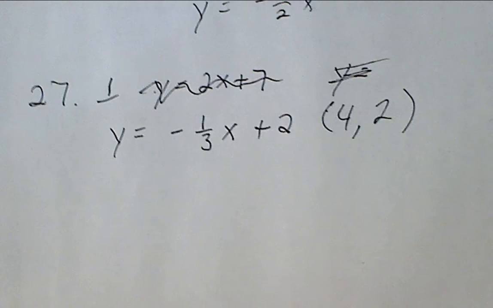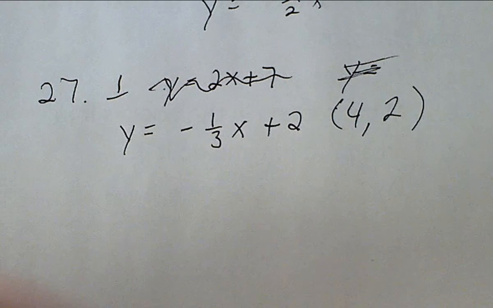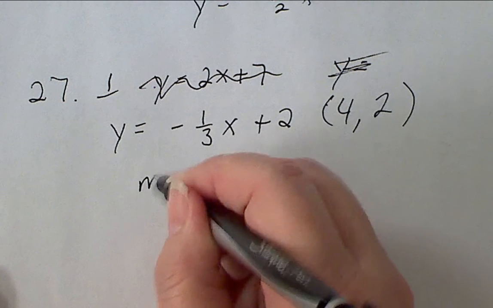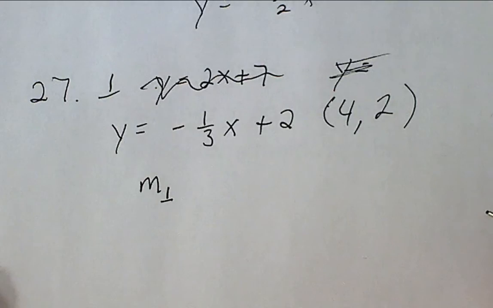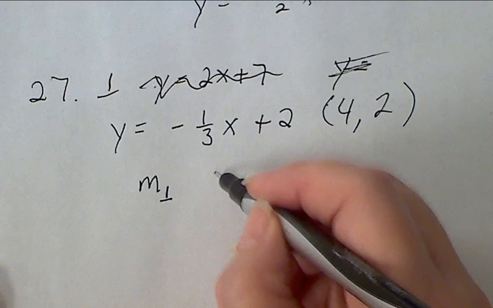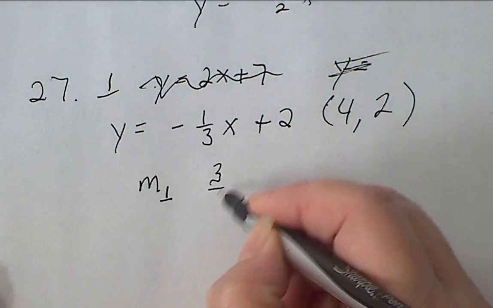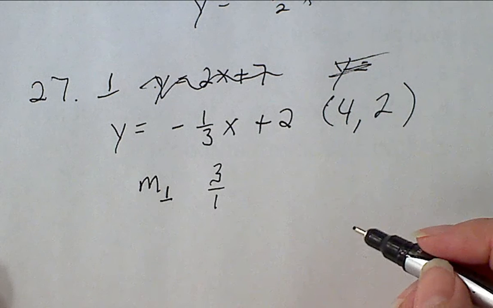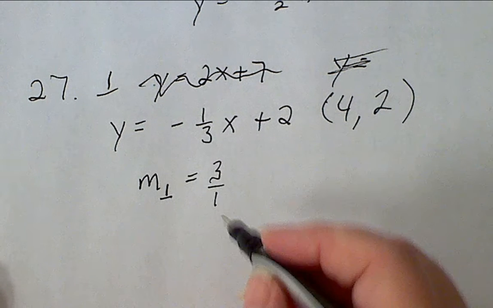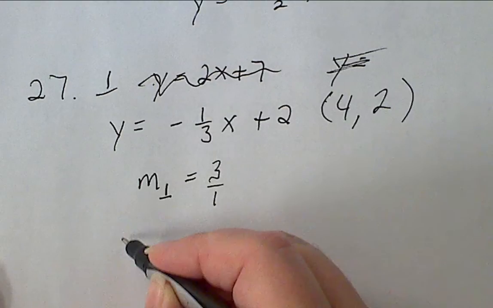The slope of my perpendicular line, so it's 3/1. And is it positive or negative? Positive, yep.